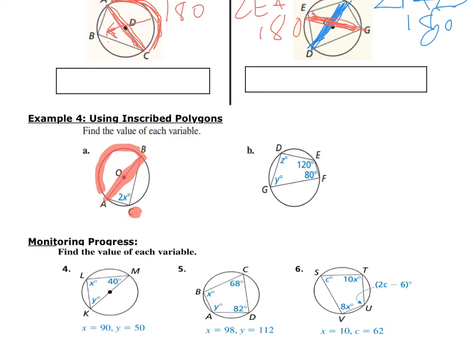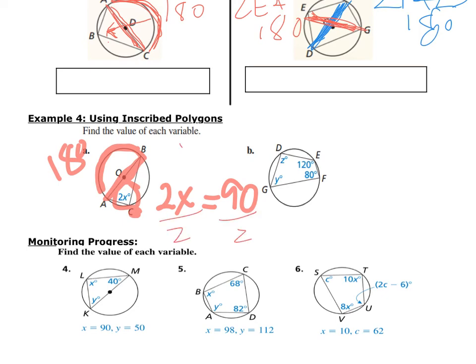If the arc equals 180, doesn't this angle equal 90? They want us to find x, right? So 2x, whatever x is, when you multiply it by 2, you have to get 90. And when I divide by 2, I get that x equals 45.